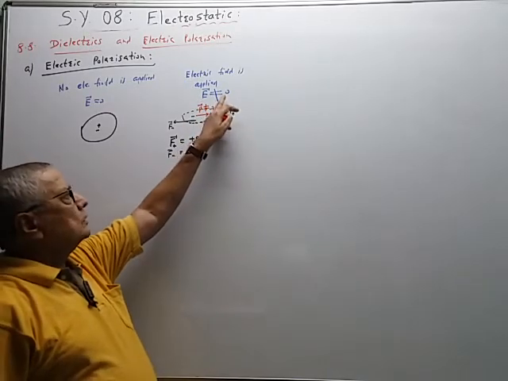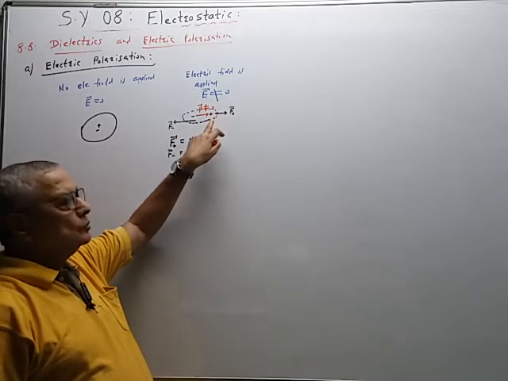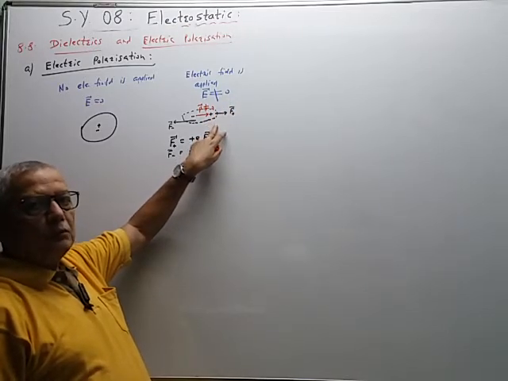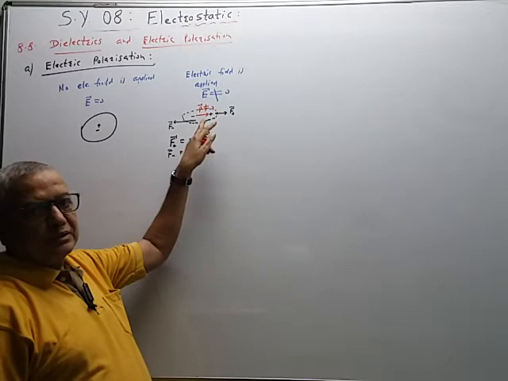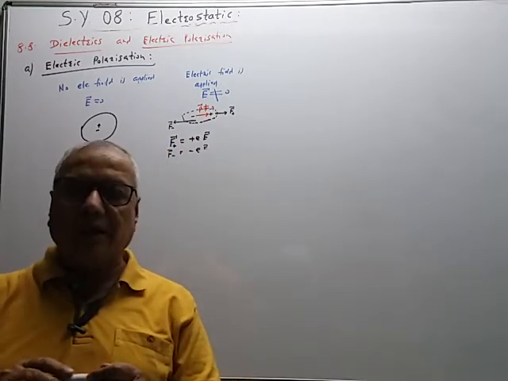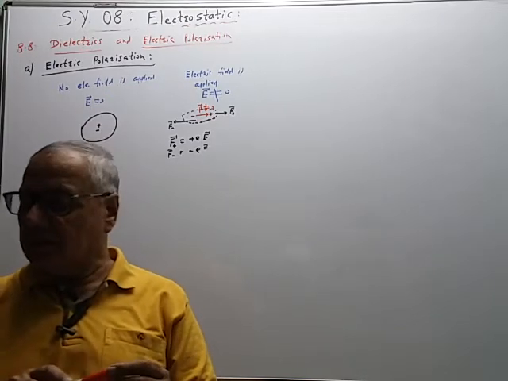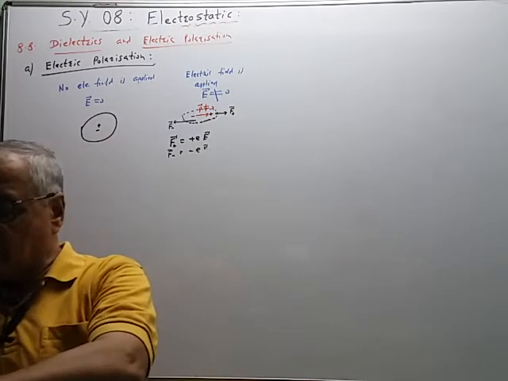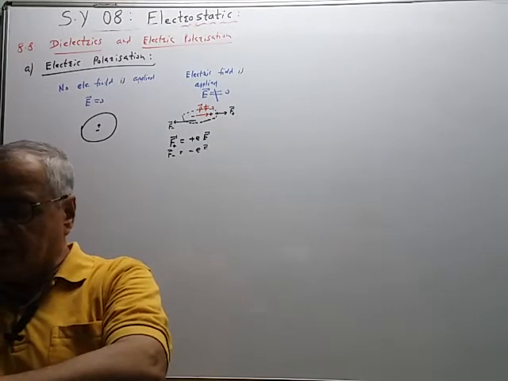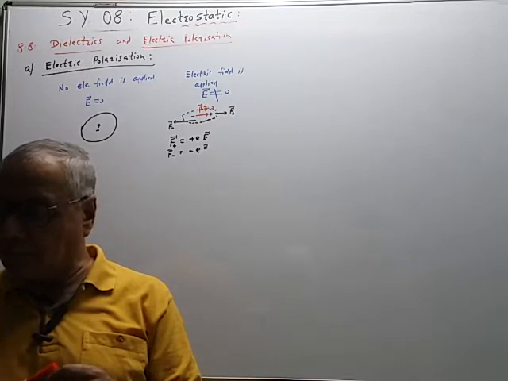So due to the external field applied to some substances, some molecules, this will take place. The positive and negative charges are displaced in opposite direction, so that they possess the net electric dipole moment. This phenomenon is called electric polarization.